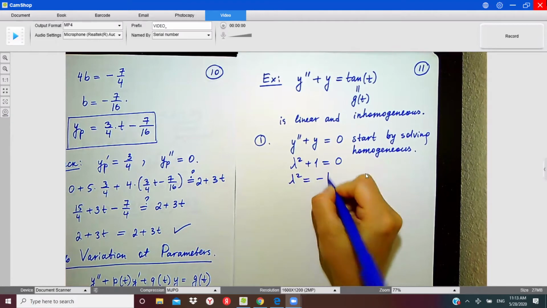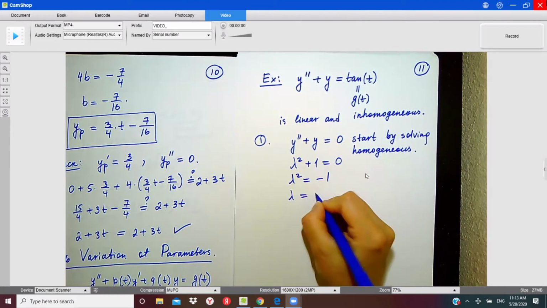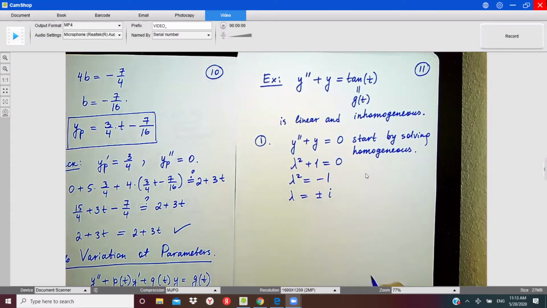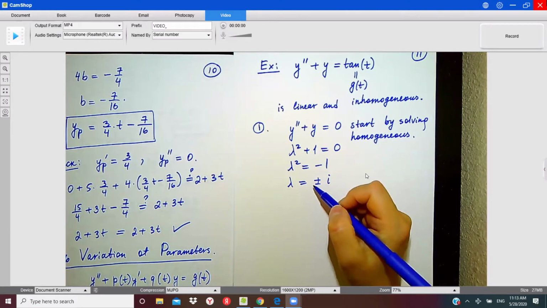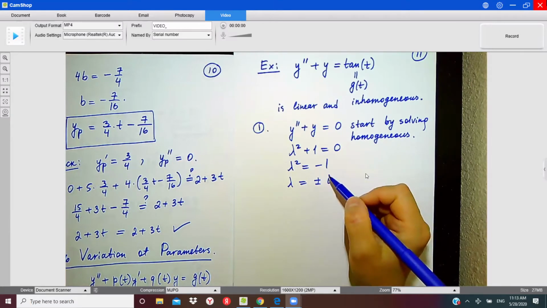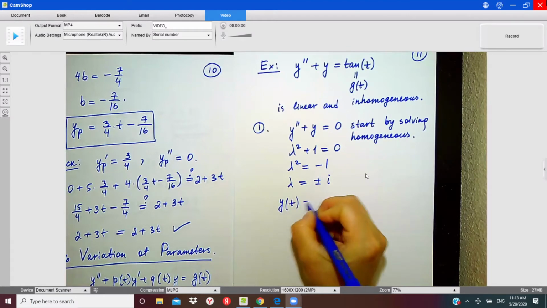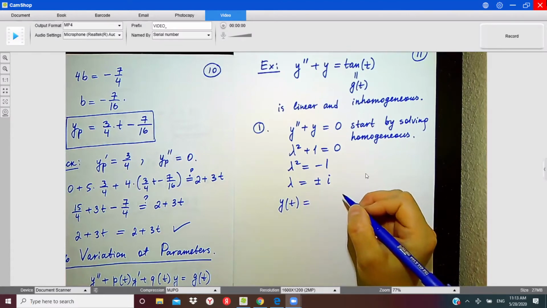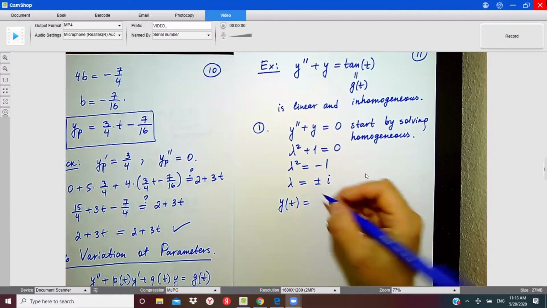And it looks like we're getting complex conjugates. Am I correct? Yes. Excellent. The real part is 0. We're only getting plus minus i, and that implies our solution y of t, the general solution, is a linear combination of the fundamental solutions.